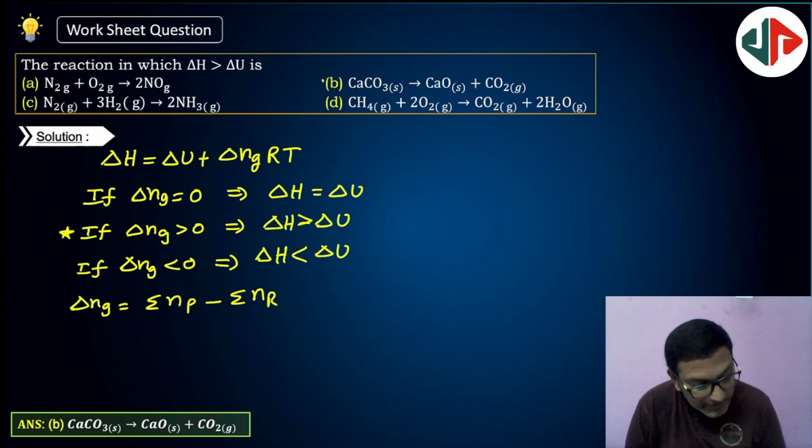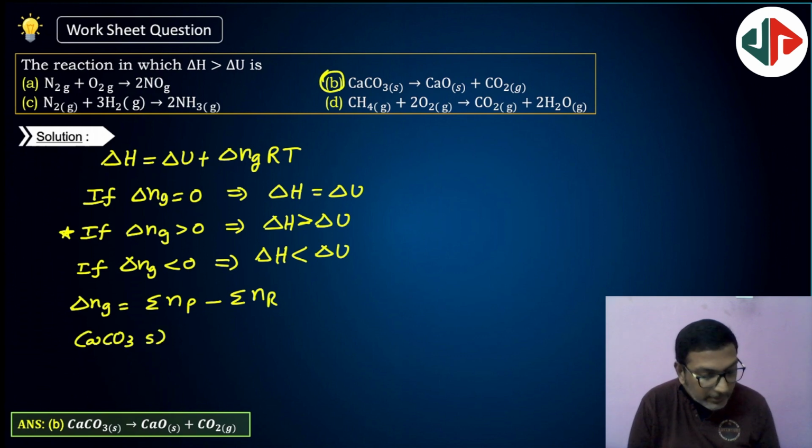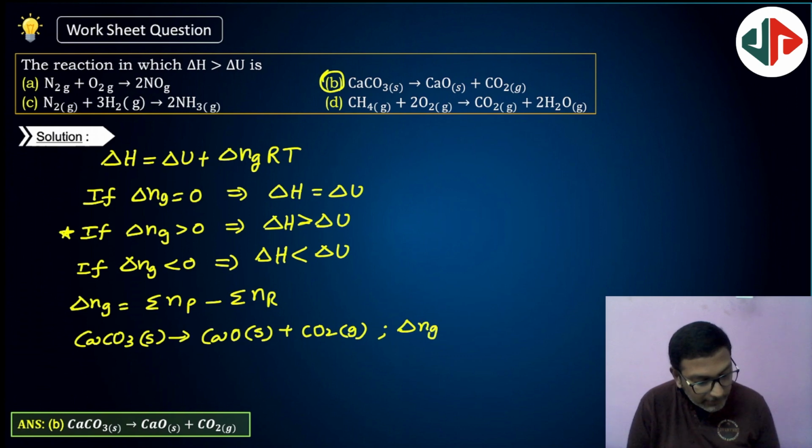So for option B, that means CaCO3 solid changes to CaO solid plus CO2 gas, delta Ng equal to 1, which is greater than 0.